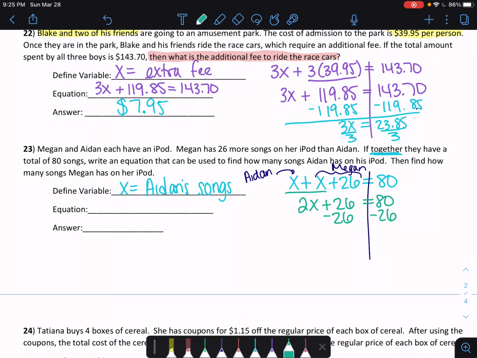I subtract 26, so 2x equals 54. When I divide by 2, x equals 27.